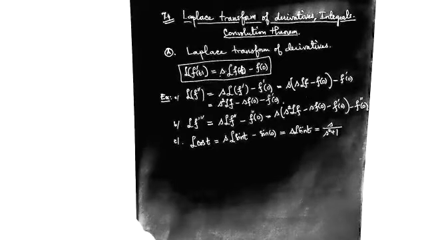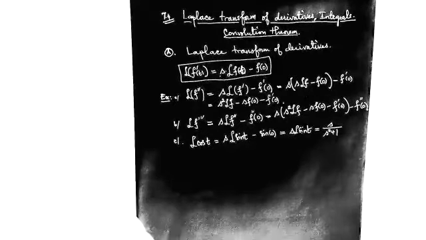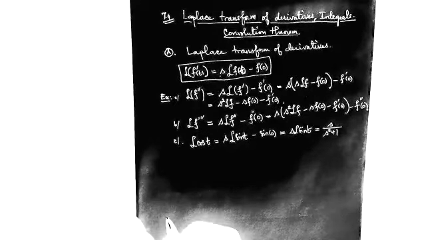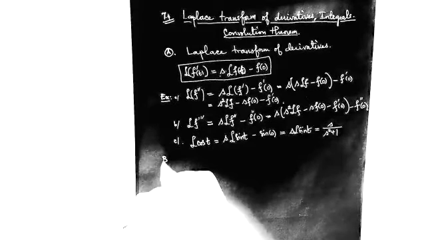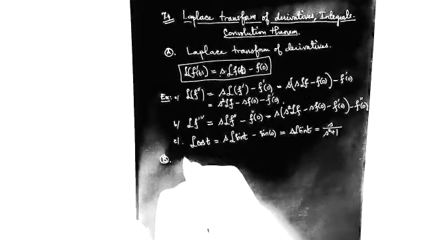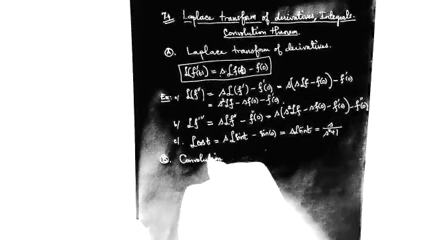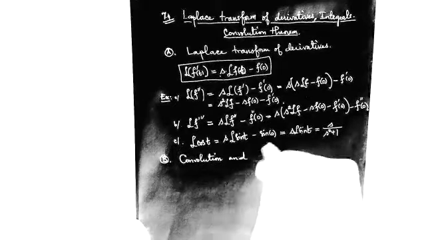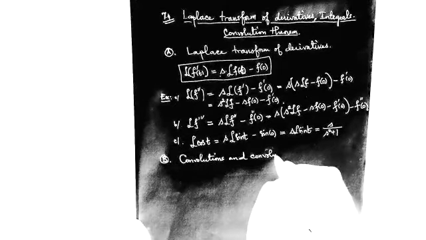Now, these are things that are used in applications to find the solution of a linear differential equation or an integral differential equation. So now let's go to part B. Here is the convolution. Convolutions and convolution theorem.